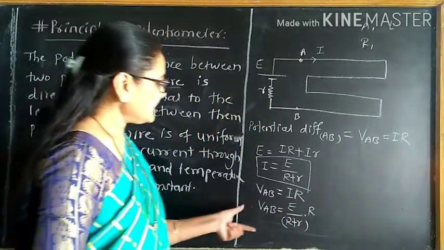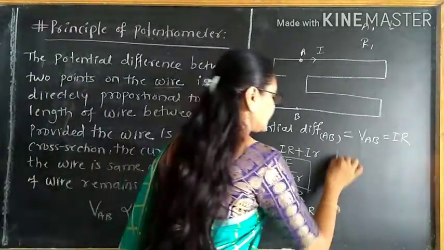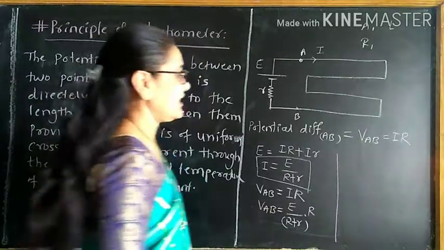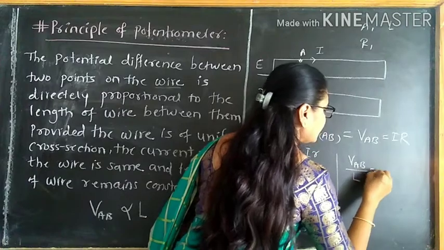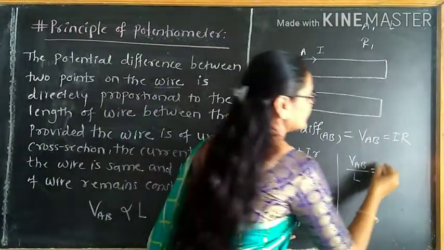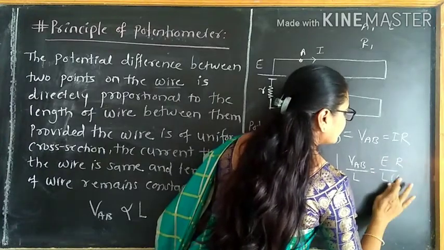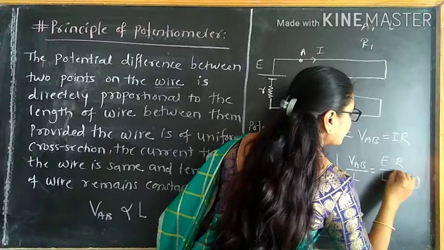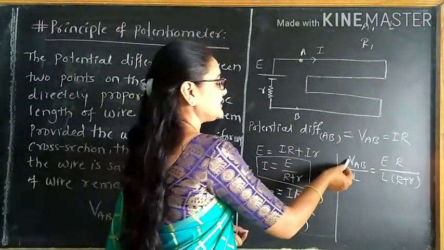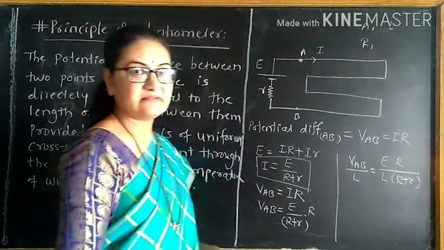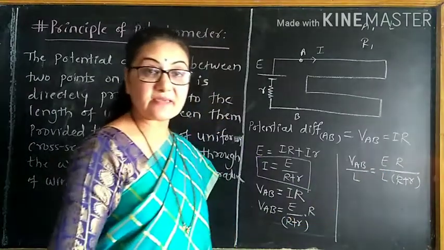Now, let me divide this equation by length. Then it is observed that the potential difference between points AB upon L is equal to E upon L, then R upon R plus r. Now, look at this equation. Potential difference per unit length is constant because E is the same.